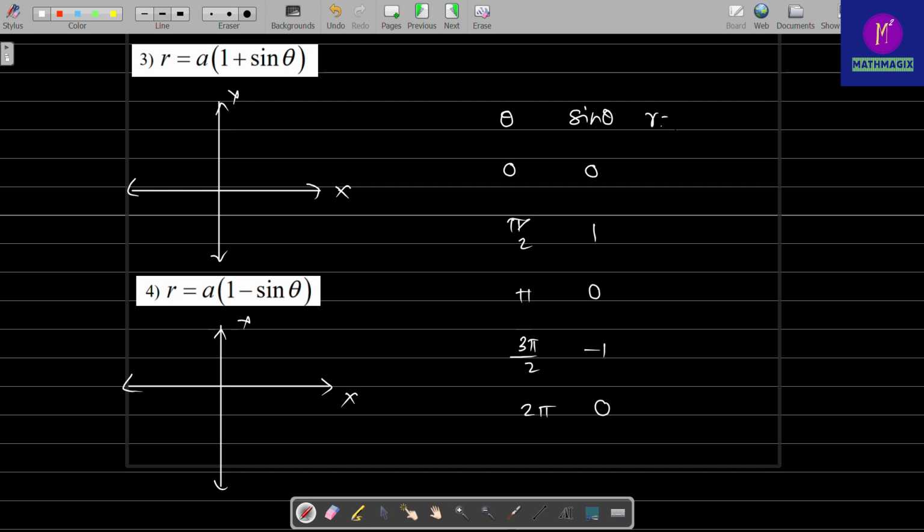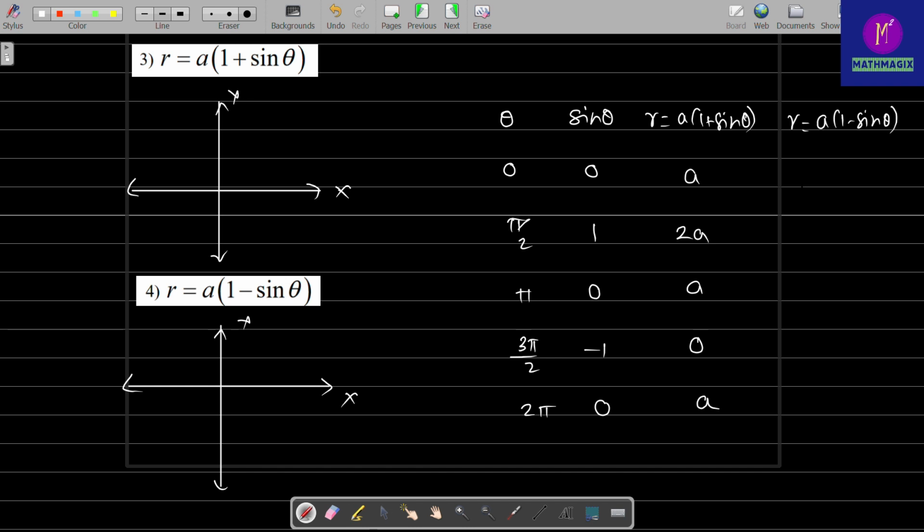So first curve r equals a into 1 plus sine theta. Whenever sine theta is 0, r is a. Whenever sine theta is 1, r is 2a. Whenever sine theta is 0, r is a again. For minus 1, r is 0. And for 0, again it is a. Similarly, we will see r equals a into 1 minus sine theta also.